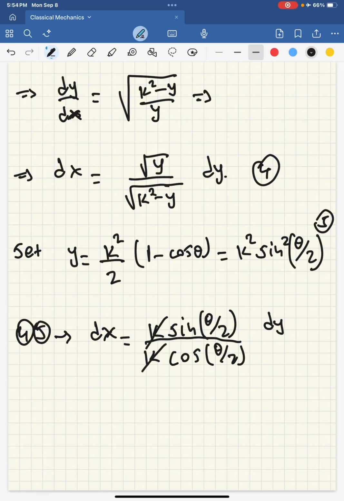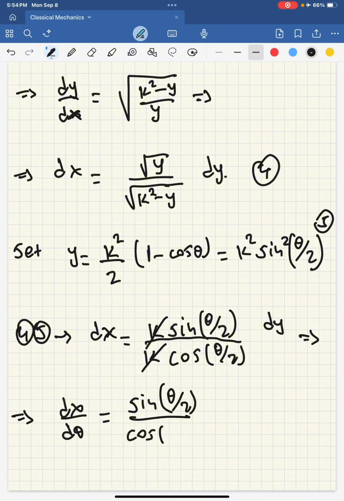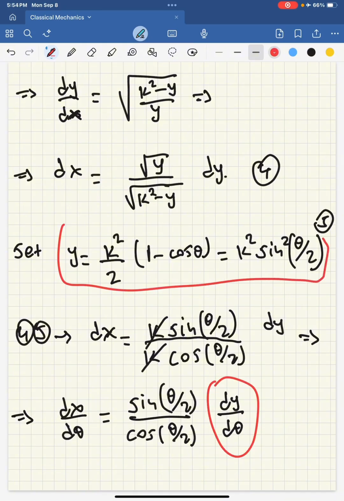So this looks pretty, and we can take one step further and divide dx by d theta, which reveals on the right hand side this expression dy over d theta. And this is something we can calculate because we do have an expression of y with respect to theta, okay?